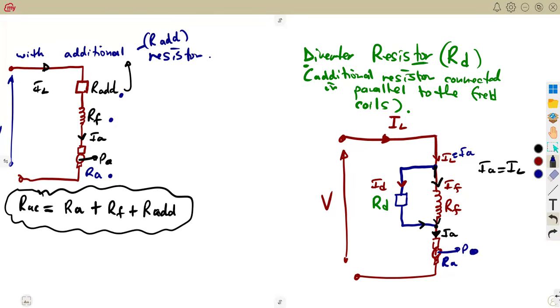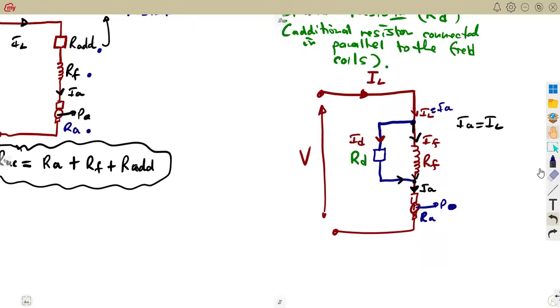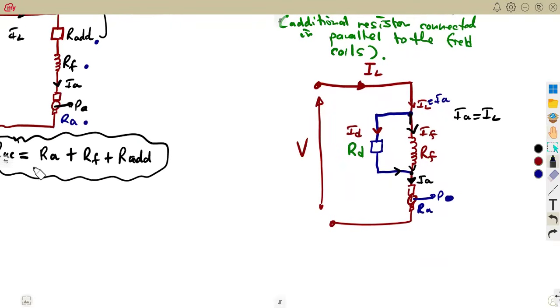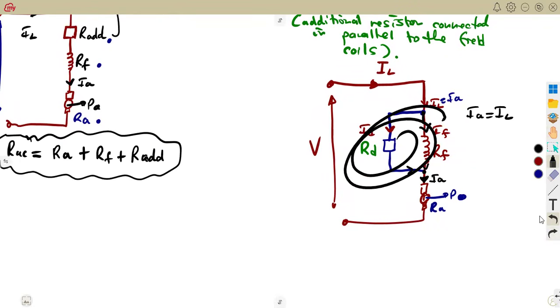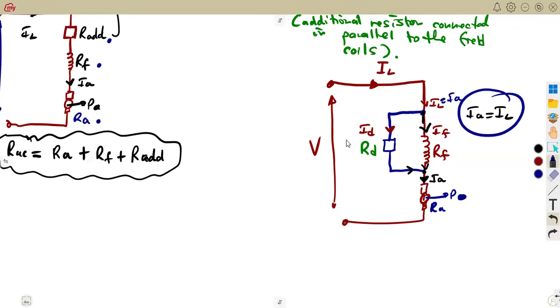I'm not going to consider that. I want to focus on this part of the resistance of the armature circuit. Where the armature current is flowing, it is affecting these. These two, they are the same. Take note here.